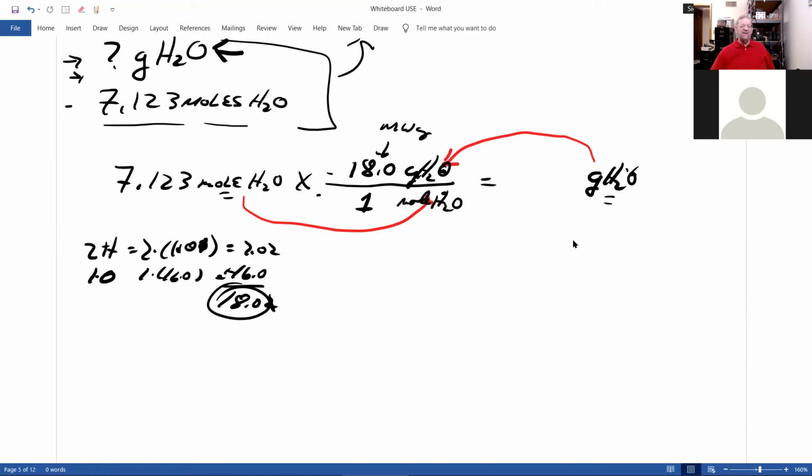Now, before I go any further, do my units end up in the right units? Well, moles of water divided by moles of water cancel out because anything divided by itself equals the number 1, and I'm left with grams of water. Yay, I can pick up my calculator now.